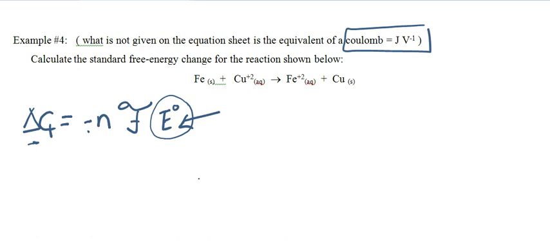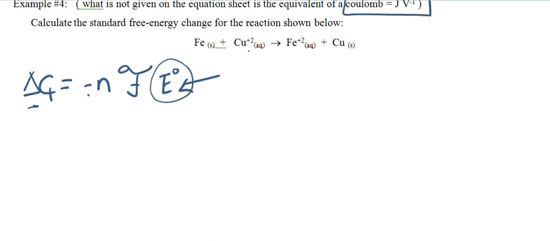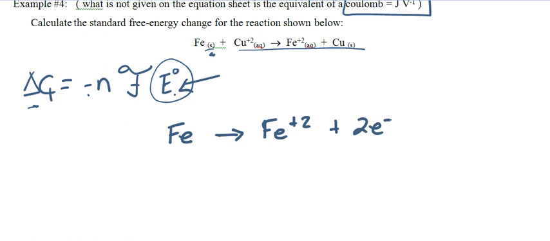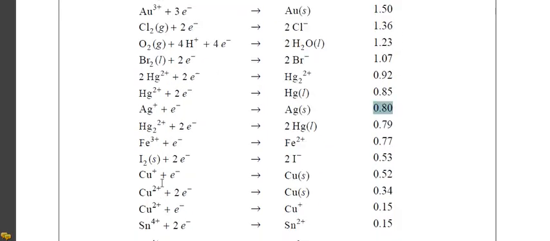All right, so let's take a look at our reaction here, and let's find out what our voltage is. So iron, which is a metal or a solid, changes into iron +2. So how does that take place? Well, that is an oxidation reaction. So let's find out what that value is. Iron +2.